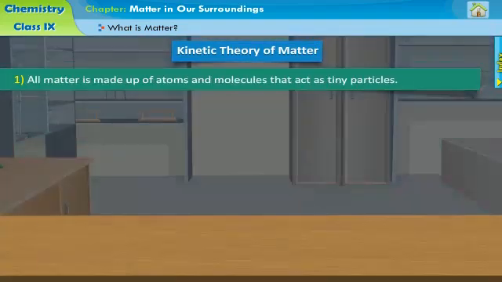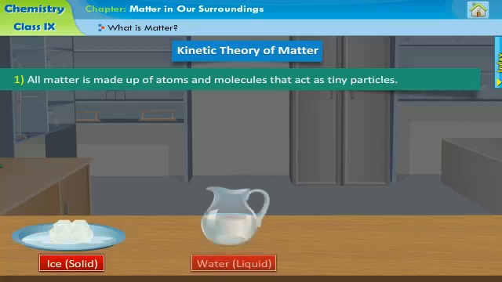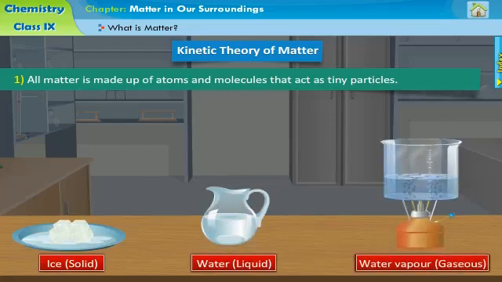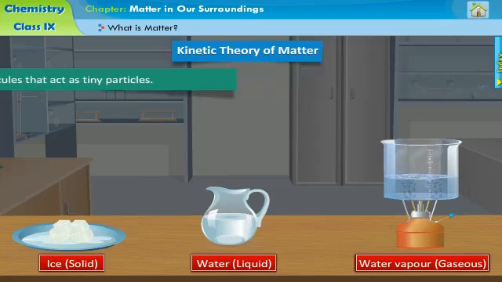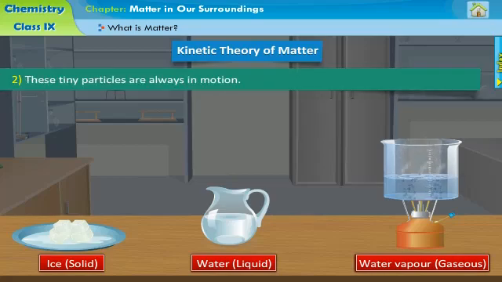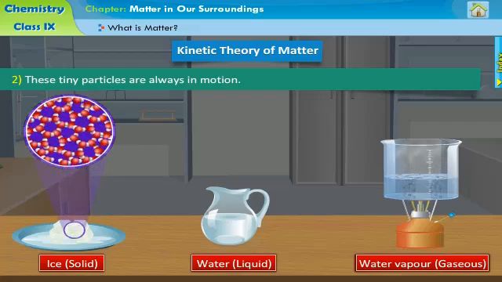Let's understand the kinetic theory of matter. 1. All matter is made up of atoms and molecules that act as tiny particles. 2. These tiny particles are always in motion.